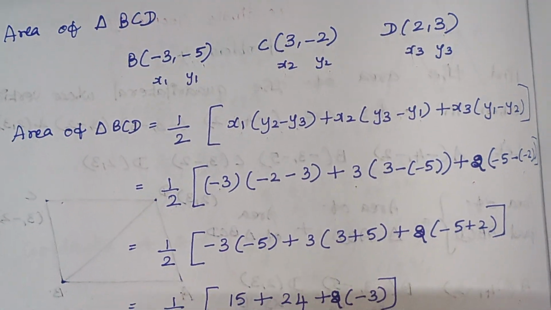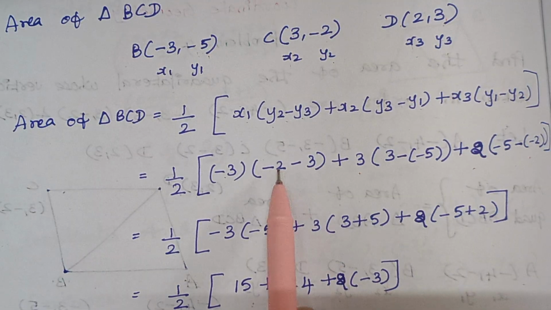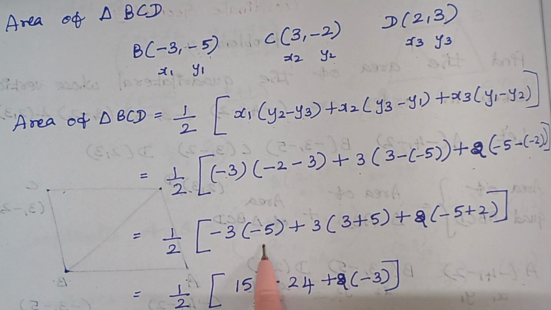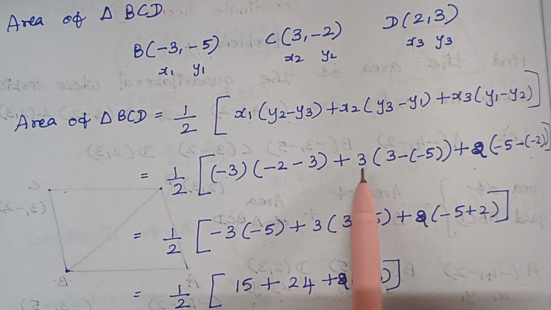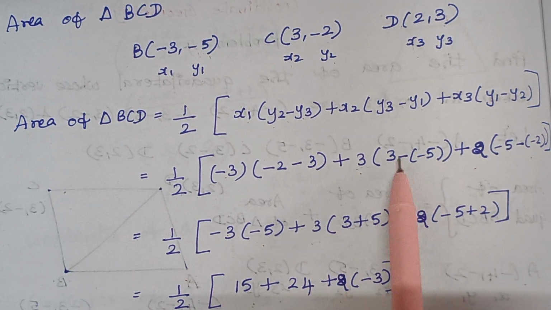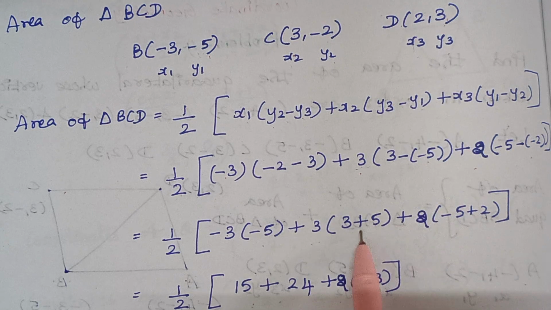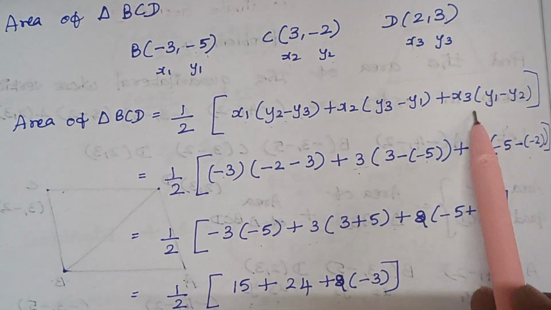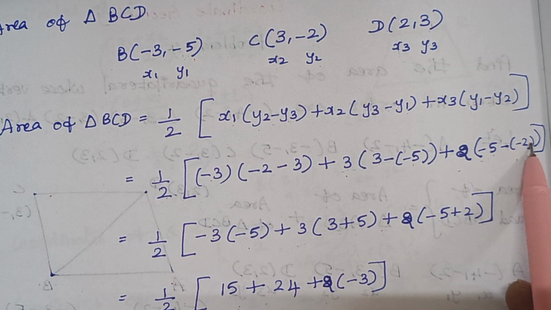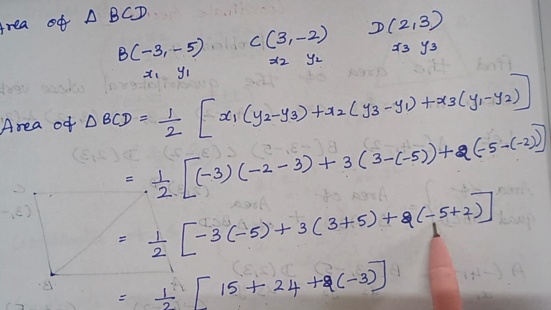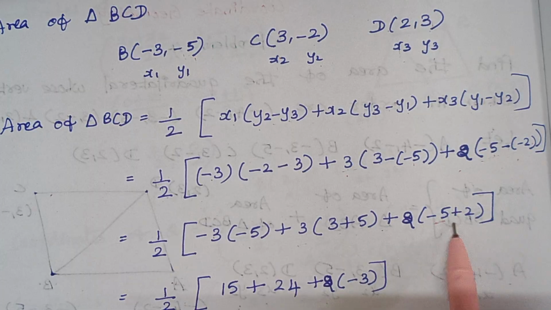So now we are going to simplify. Minus 2 minus 3 gives minus 5, and you keep this minus 3 as such. The next one is again 3 written here, and 3 minus of minus 5 becomes 3 plus 5. And here x3 is 2 and minus 5 minus of minus 2: this minus 5 is written here and minus of minus 2 becomes plus 2.